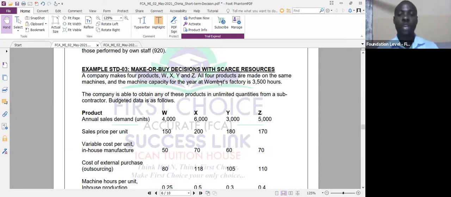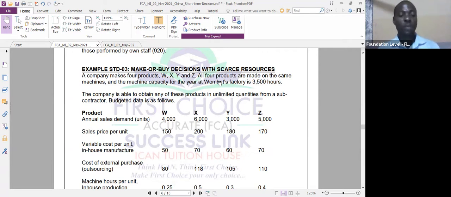Okay, so that means you cannot do more than 3,500 hours with that machine. The company is able to obtain any of these products in unlimited quantities from a subcontractor. It means that if they cannot do any of these products, they can go and buy it from this subcontractor in unlimited quantity.